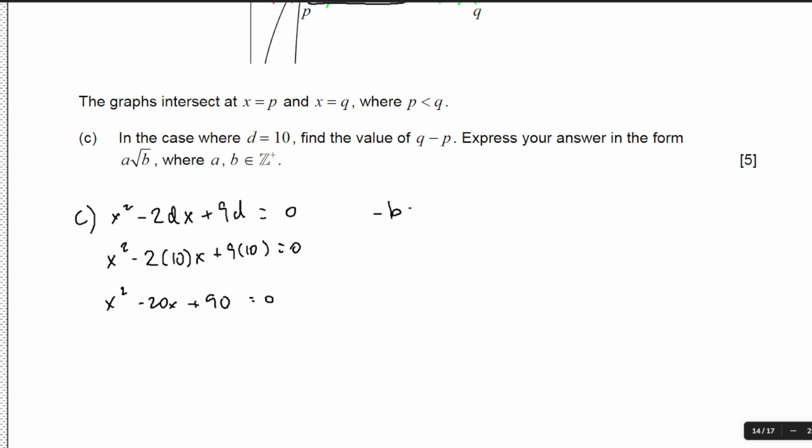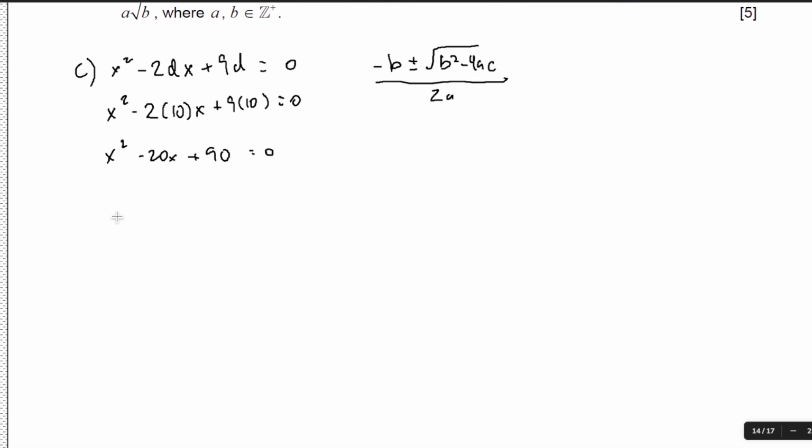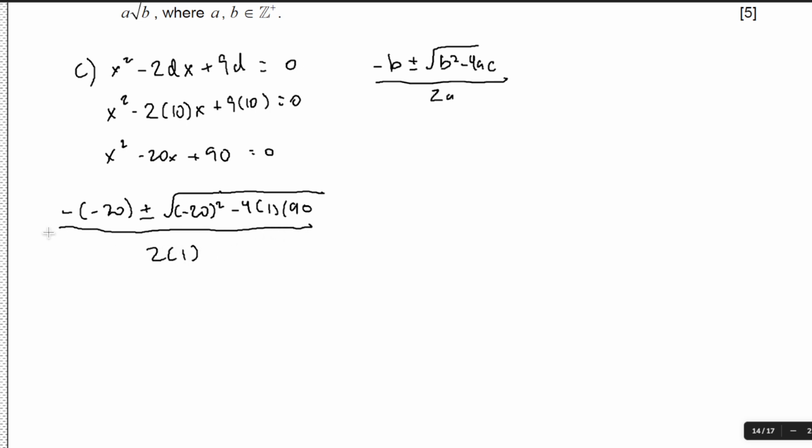Now let's take our quadratic formula here, which is x equals minus b plus minus root of b squared minus 4ac, over 2a. And we would just substitute our values into the quadratic formula, which then we would get minus minus 20 plus minus root of 20 squared minus 4 times 90, sorry, over 2 times 1.